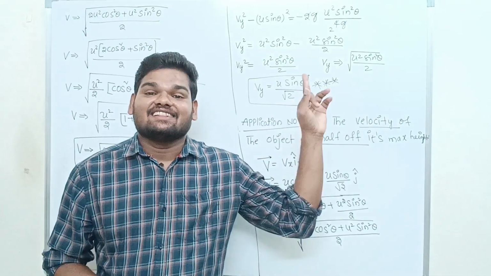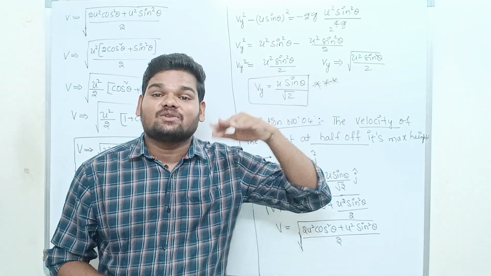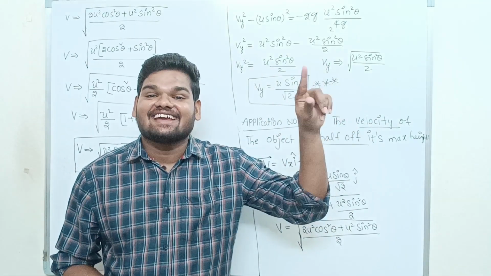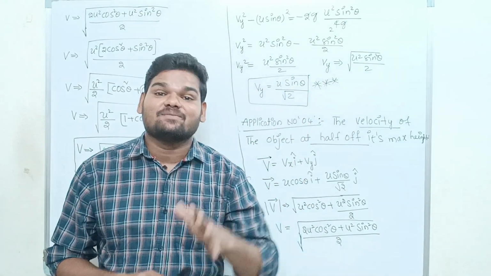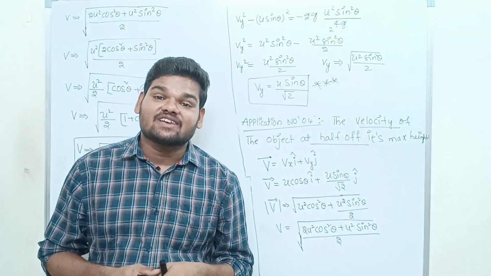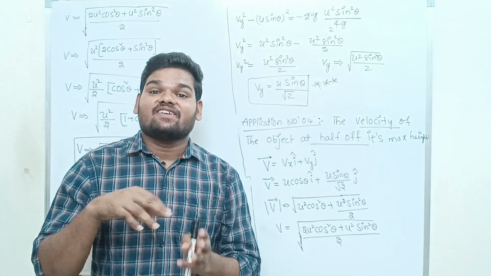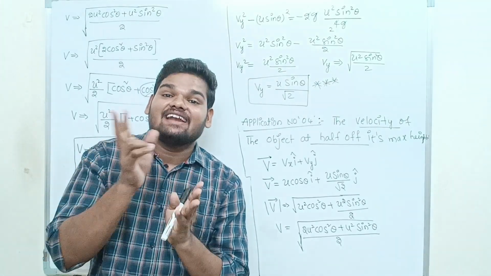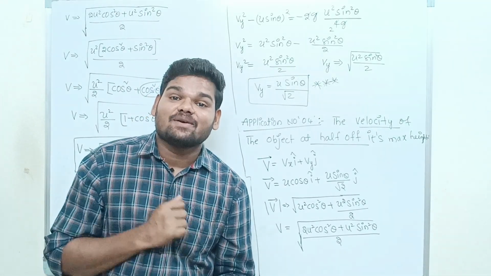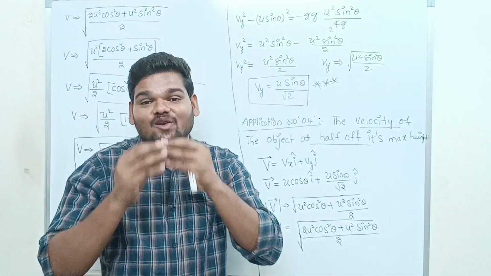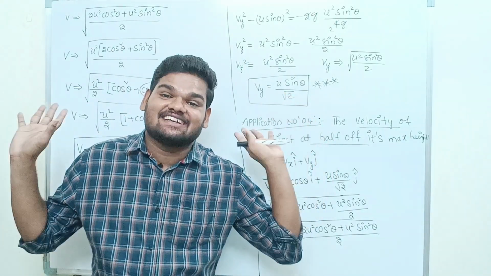What are those? The final velocity component of the projectile body along vertical direction at its half of maximum height: vy is equal to u sin theta by root 2. The final velocity component of the projectile body at its half of maximum height along x direction, always, what is that? u cos theta only.